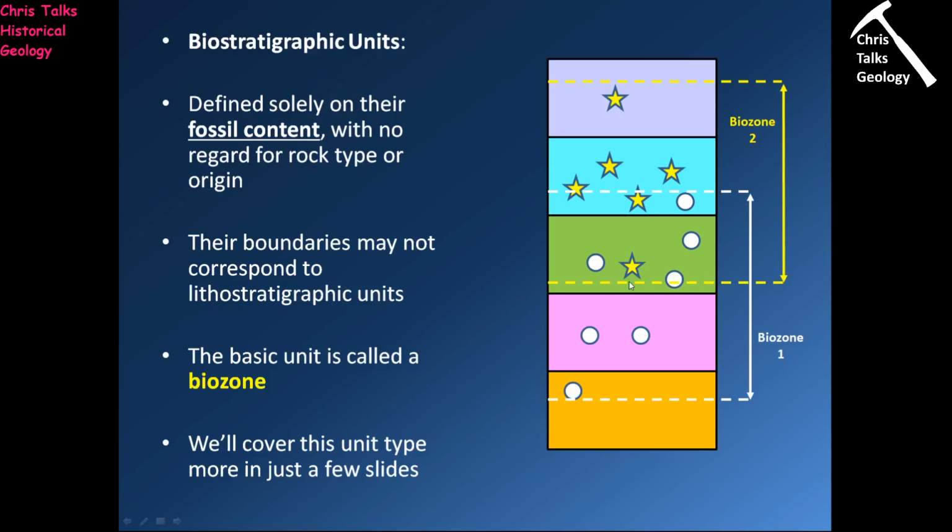Biozone number 2 starts here where we have the first appearance of the yellow star fossil, and it ends here where we have the last appearance of the yellow star fossil. The one thing you'll notice is the biozones, where they start and finish, do not correspond to where the layers of rock start and finish, because we don't care about the rocks. We are just focused on the fossils. So biozones are concerned with the fossils. Lithostratigraphic units are concerned just with the rocks. You don't care about the fossils at all.